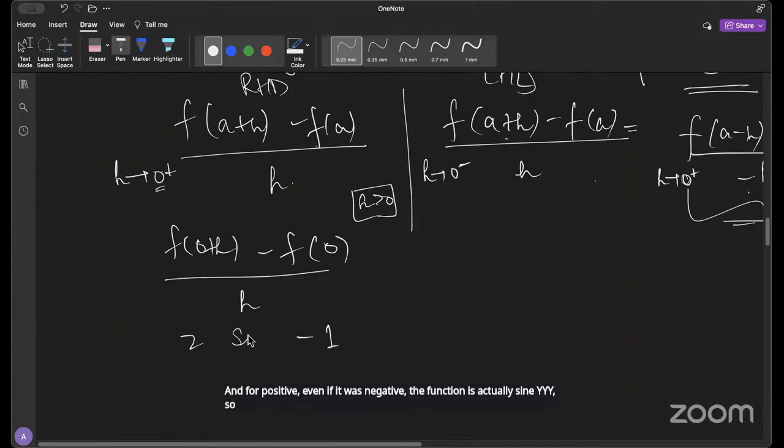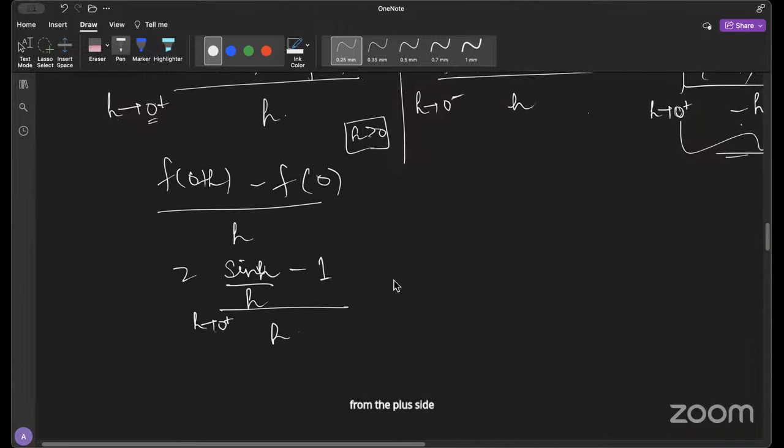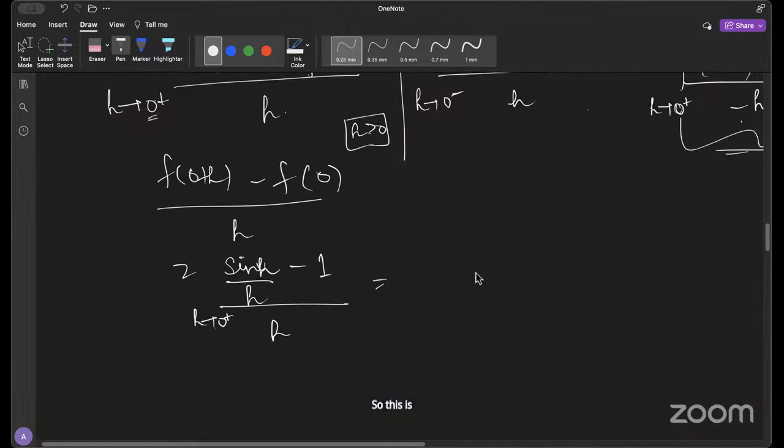So you can take sin h by h as h tends to 0 from the plus side. So this is going to give you (sin h minus h) by h square as h tends to 0 plus.